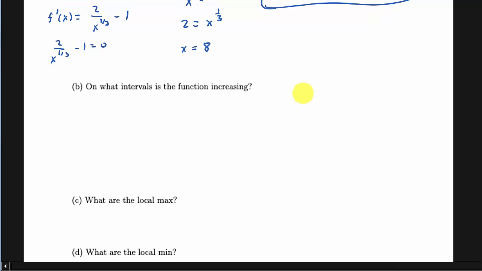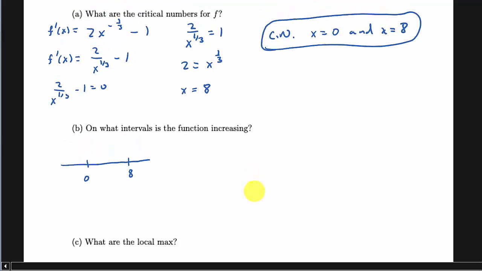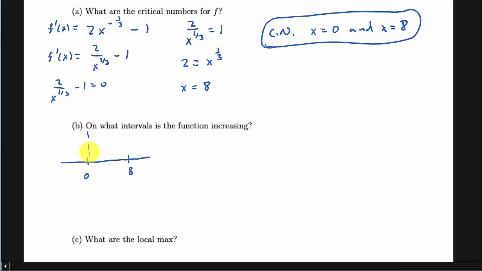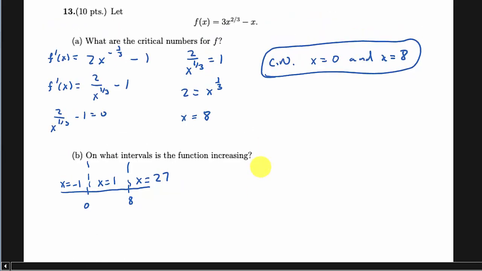On what intervals is the function increasing? They're not asking about decreasing, they're just asking about increasing. So I'm going to plot these on the number line, and I'm going to use x equals -1, x equals 1, and x equals 27.